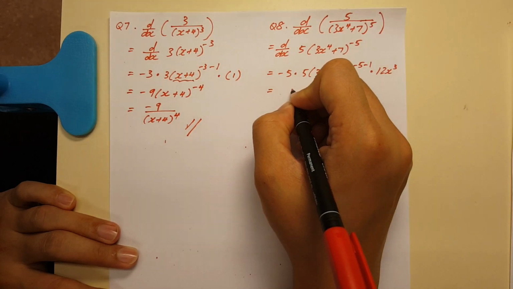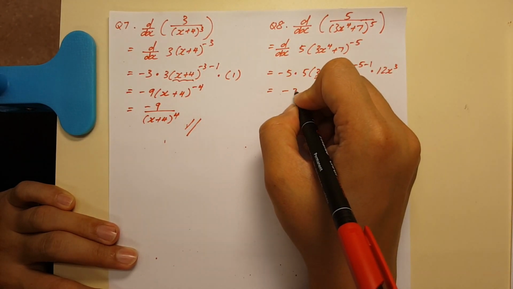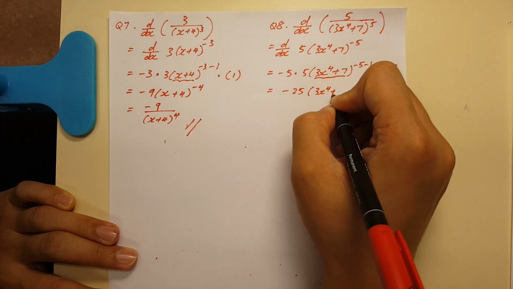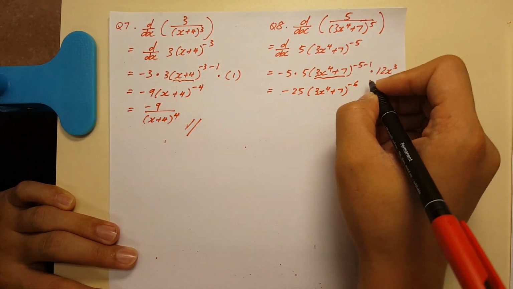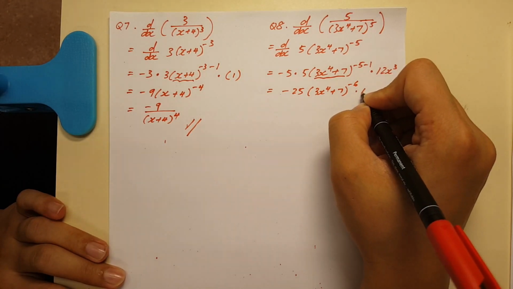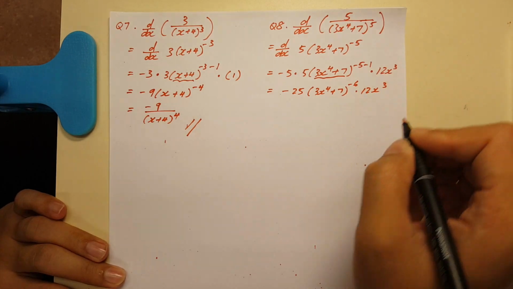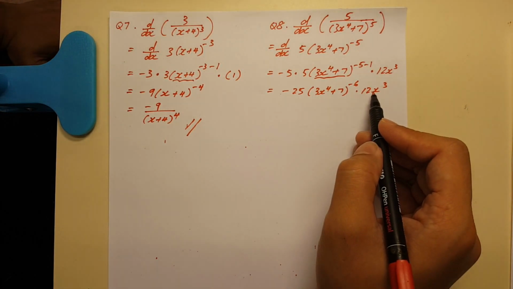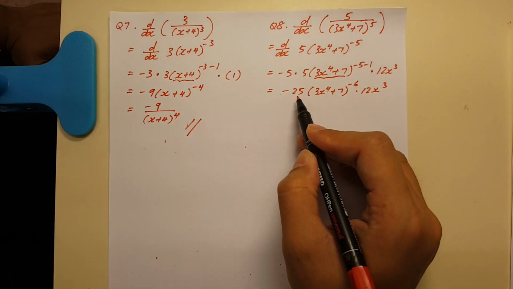So it's basically minus 25(3x to the power of 4 plus 7) to the power of minus 6, and then here you have times 12x cubed. So 12 times 25.